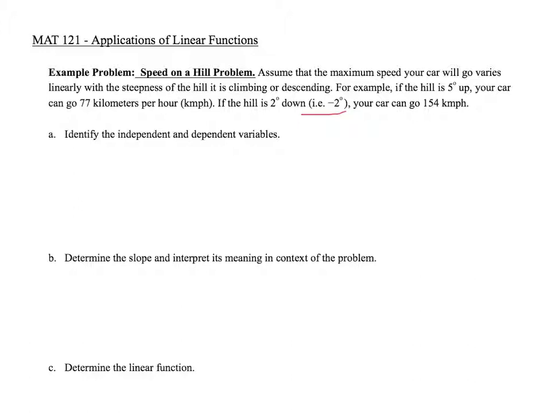The first thing we have to do is identify our independent and dependent variables. It's important to keep in mind that sometimes that information is given to you. For instance, here, we're told "varies linearly with." Whatever comes before that is your dependent variable, and whatever comes after it is your independent variable.